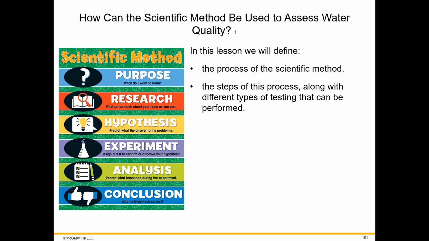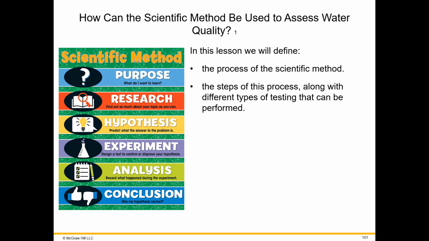Now, this is something that everyone should have been introduced to when they were younger, right? So you ask a question, you form hypotheses, you come up with a methodology, you execute it, you get some results, you analyze, and then you make some conclusions.